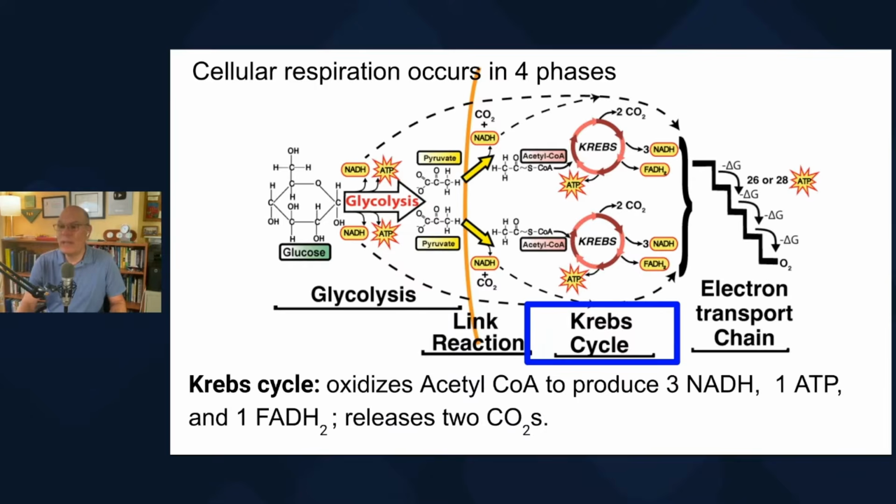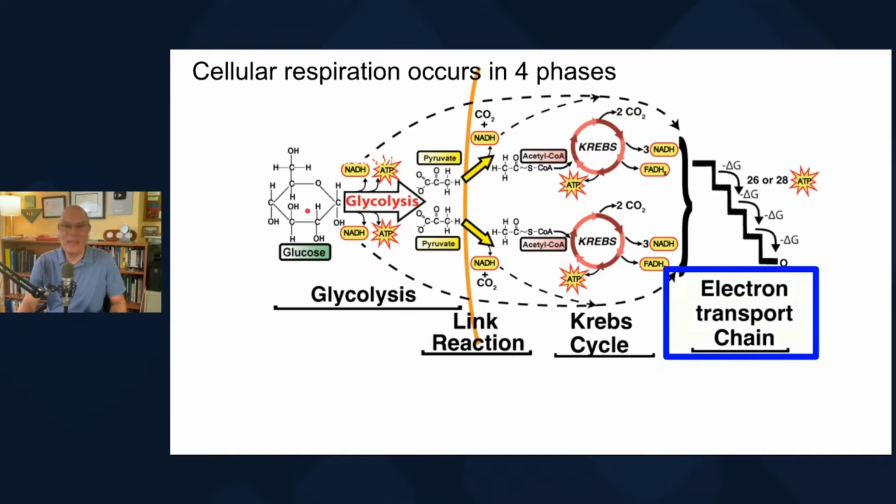In the Krebs cycle, we have the complete oxidation of acetyl-CoA. And as acetyl-CoA is oxidized, we produce 3 NADH, one FADH2 and one ATP. Those are the useful products, and two CO2s are released. In the last phase of cellular respiration, we have the electron transport chain.